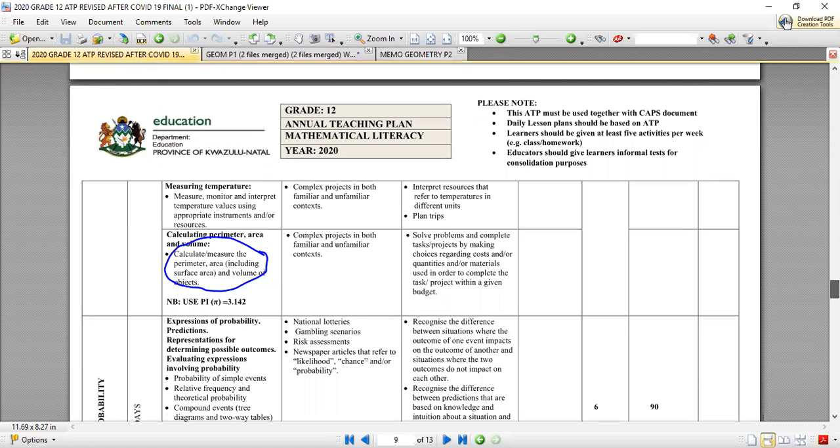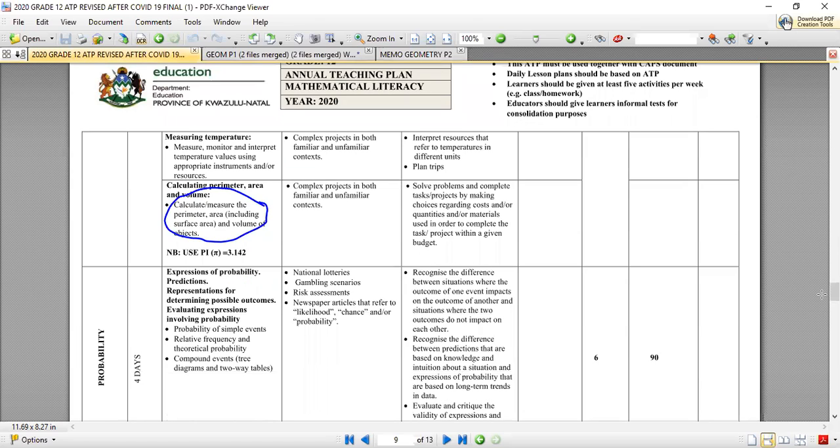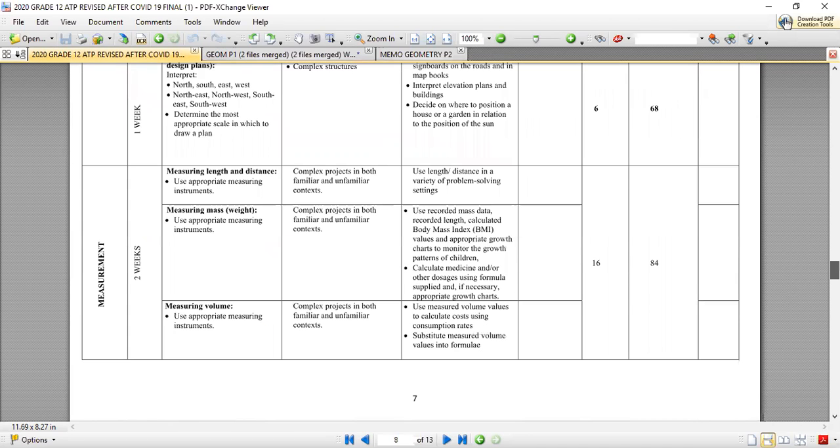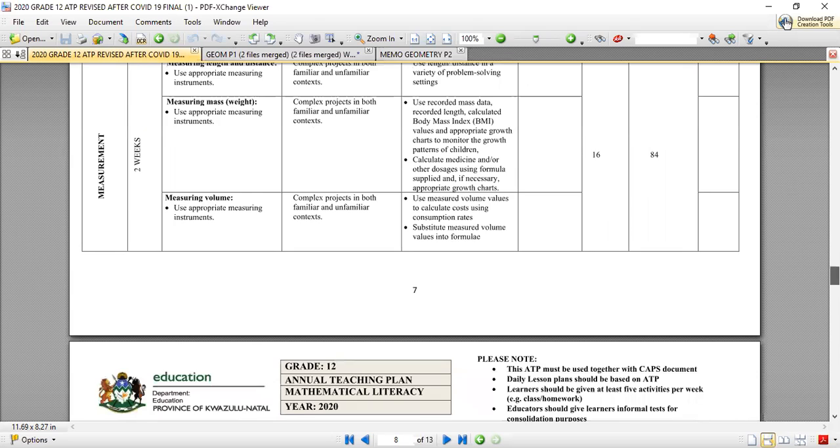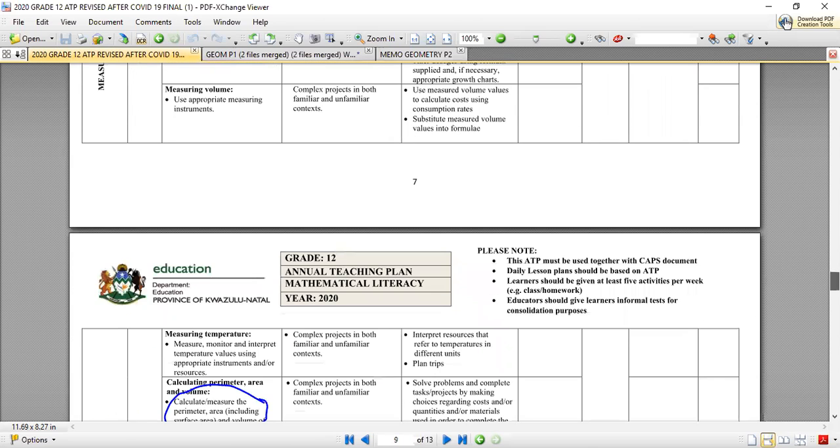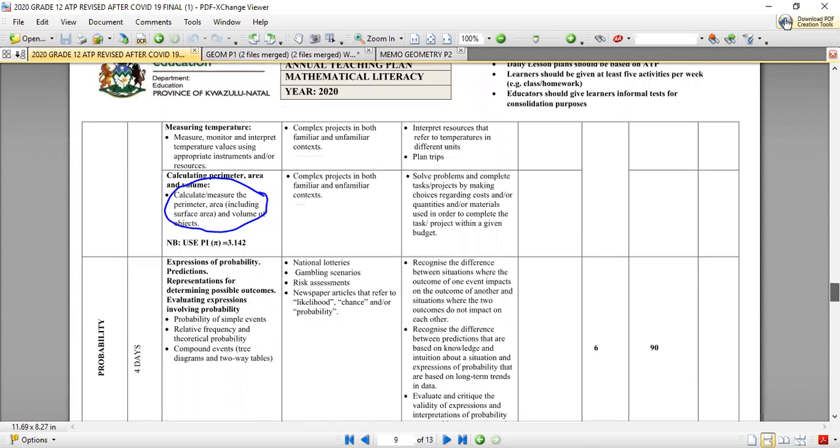Welcome to our section on measurement. As you've seen, we have completed measuring length and distances, mass measurement, measuring volume, which we're going to concentrate more on in this chapter, and measuring temperature. But today we're going to concentrate on calculating perimeter, area and volume.